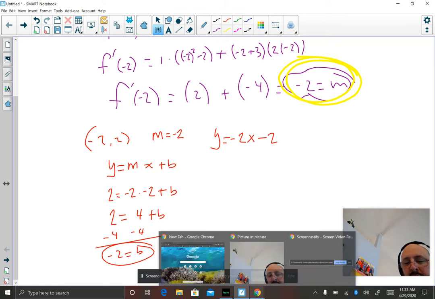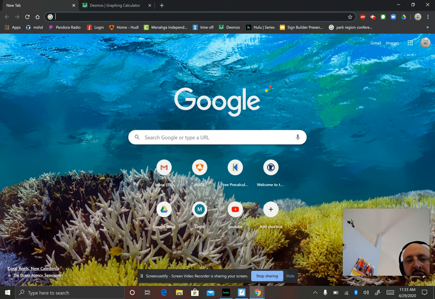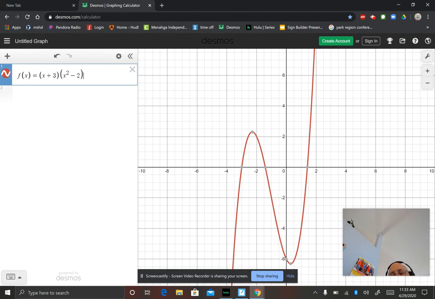I can confirm that by checking my graph. First of all, I want you to notice that this is the original function. It does clearly look like it contains the point -2, +2.